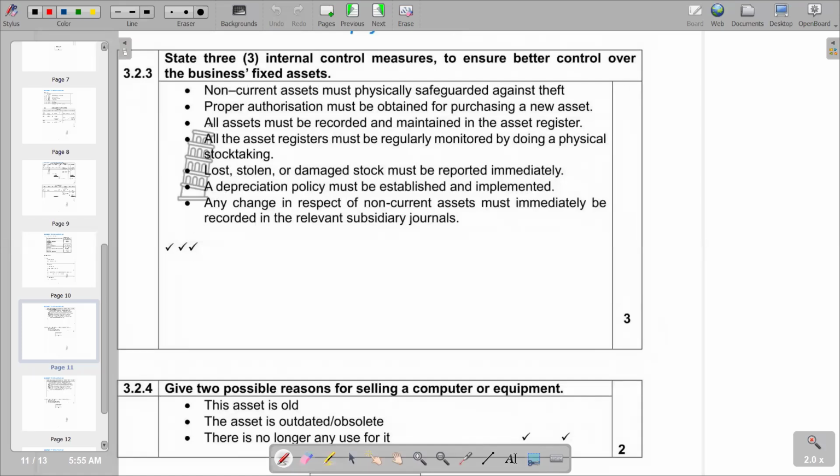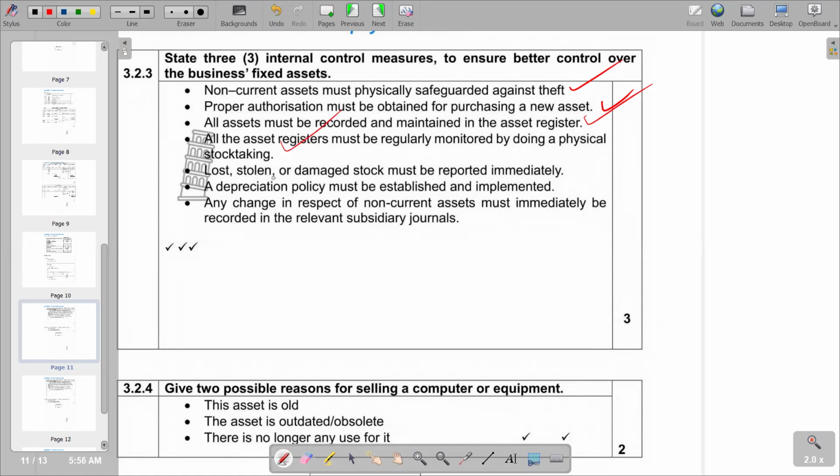These are the responses we have. First, non-current assets must be physically safeguarded against theft. Second, proper authorization must be obtained for purchasing a new asset. All assets must be recorded and maintained in the asset register, and the asset register must be regularly monitored by doing a physical stock taking.